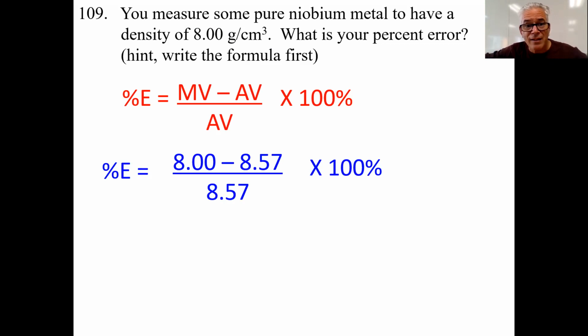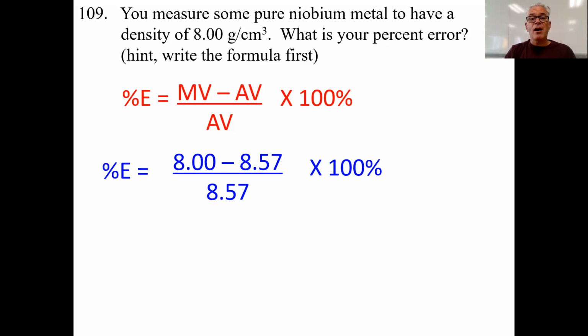Now look at this blue text. I did not write the units in there, but they're in my head. 8.0 grams per centimeter cubed minus 8.57 grams per centimeter cubed. The unit in the numerator is still grams per centimeter cubed. Then divide those grams per centimeter cubed divided by 8.57 actual value grams per centimeter cubed. The units cancel to 1, and then it's times 100%.